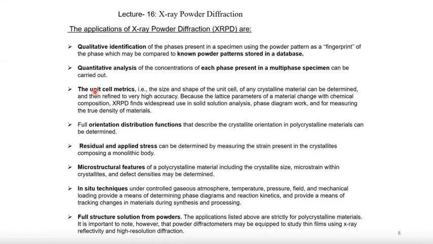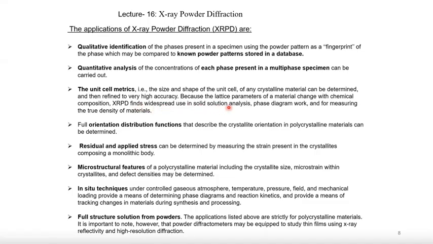And then with the unit cell metrics, we can also determine the size and shape of unit cells. The crystal metric can be determined. They are refined with high accuracy, because the lattice parameters of materials change with chemical composition. Okay. This finds widespread use in solid solutions.